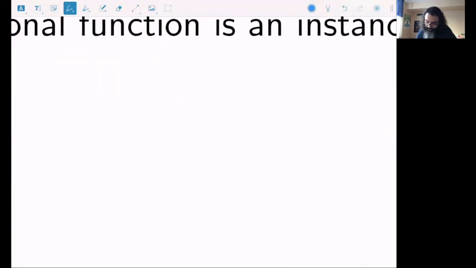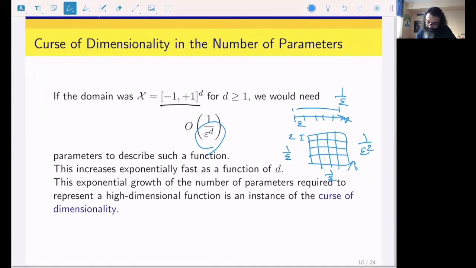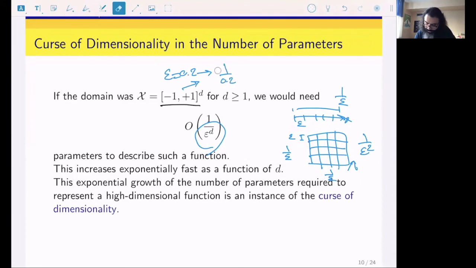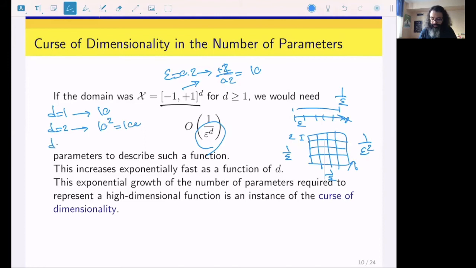If I choose epsilon to be equal to 0.2, for this region, 1 over 0.2, the region is -1 to +1, so actually I have 2 here, so I get 10. So for d equal to 1, I have 10. That's fine. For 2, I get 100. And if it's 10-dimensional, that would be a very large number.